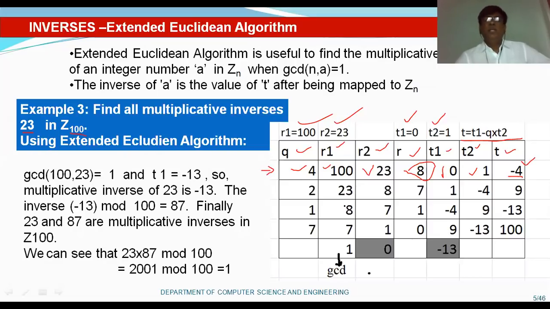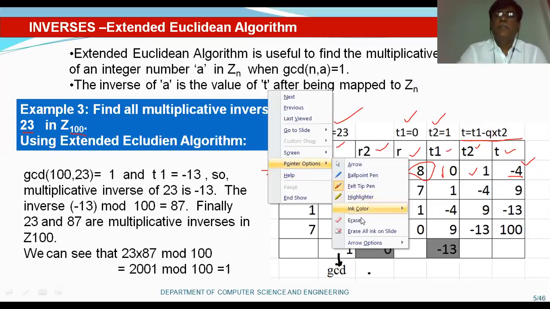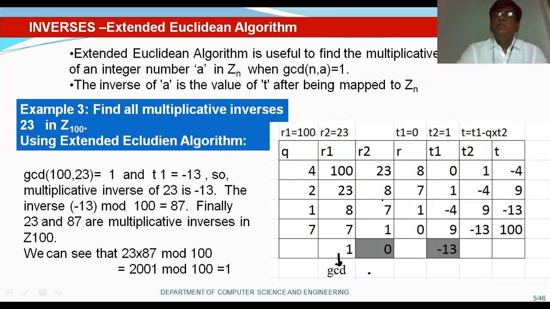To calculate the second row, the R2 value becomes the new R1, and the R value becomes the new R2. So 23 is R1 and 8 is R2. 23 divided by 8 gives a Q value of 2. 2 times 8 is 16, and 23 minus 16 is 7, so the remainder is 7.